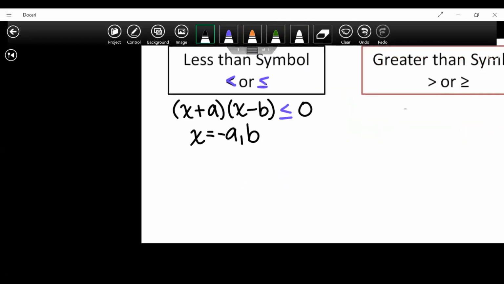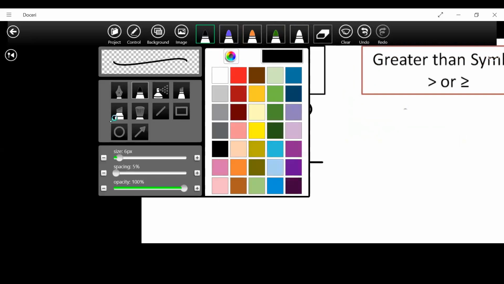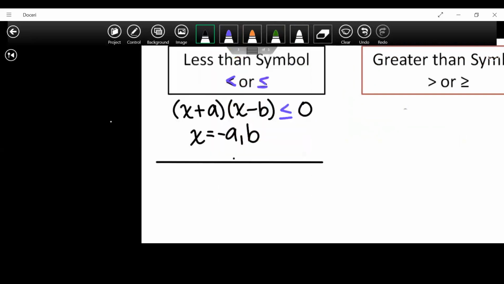Okay. On our interval, if it's strictly less than, let's look at how the solution will be graphed. The graph solution of this is going to look the following. Let's say this is negative a, this is b.